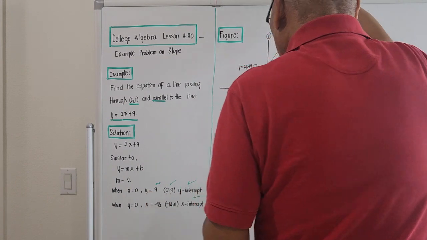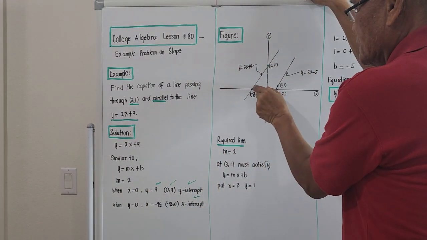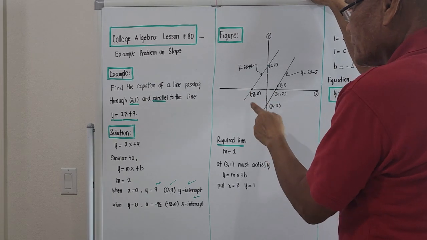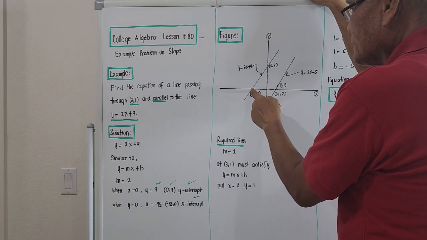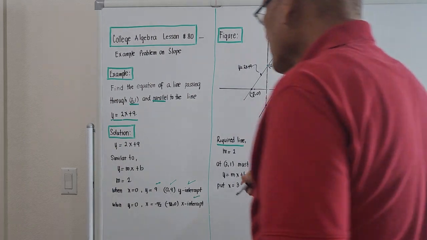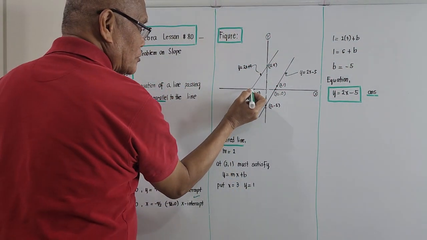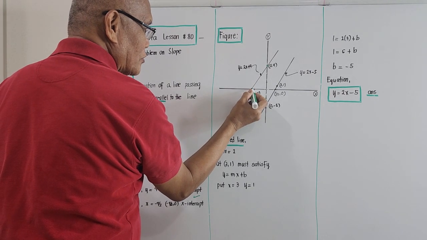Negative 9 halves is actually, this is 3. A little bit, that will be negative 4.5, right? So the line y equal to 2x plus 9 passes through the x-intercept at this location here.